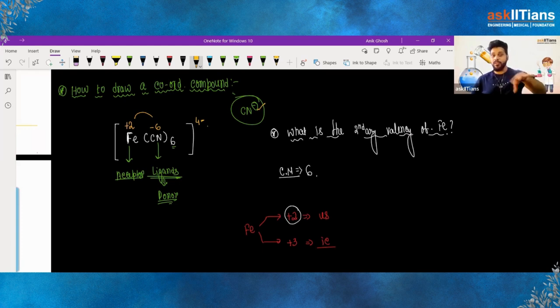If I have to find out a neutral coordination compound out of it, then what do I have to do? I have to give a counter ion. Counter ion means, guys, if this is minus, I have to give somebody with a positive charge in order to neutralize it. Now you can choose anybody. Let's say I'm choosing potassium. Guys, for potassium, the charge is plus 1.